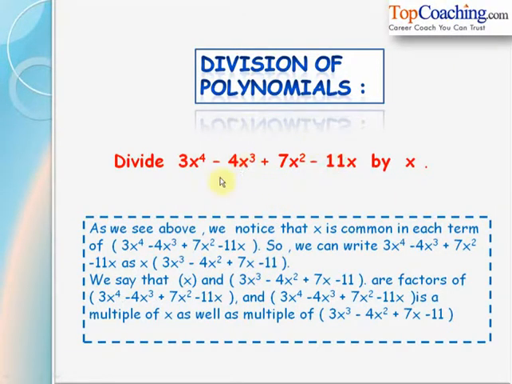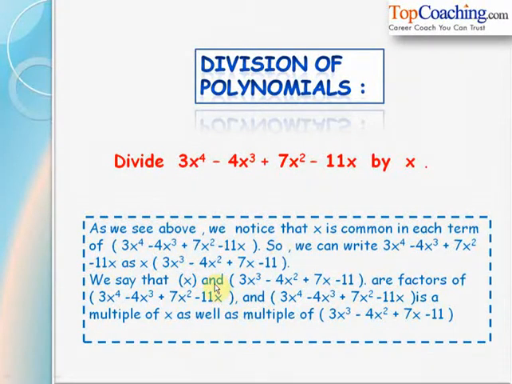As x is common in each of these terms, we take out x as common. Now we see that x and 3x cube minus 4x square plus 7x minus 11 are the factors of this polynomial, 3x to the power of 4 minus 4x cube plus 7x square minus 11x.